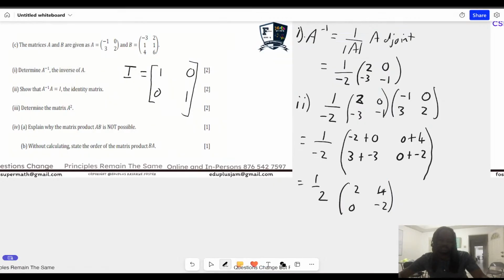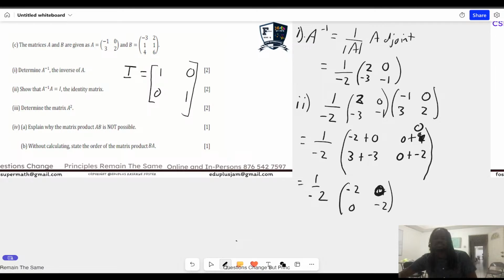I don't even remember. Where is the duster? There's no duster. Alright, so 2 times 0 is 0, plus 0 times 2 is 0. This is negative 2 right here.